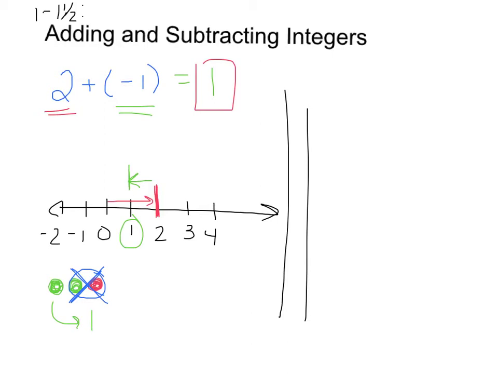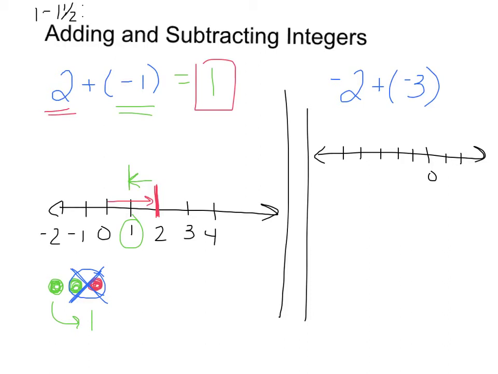But let's look at this in terms of saying, let's start at negative 2. To negative 2, I'm going to add, say, negative 3. Well, since they both have the same sign, it's like saying on a number line, okay, 0, 1, 2, 3, 4, 5. Let's see.